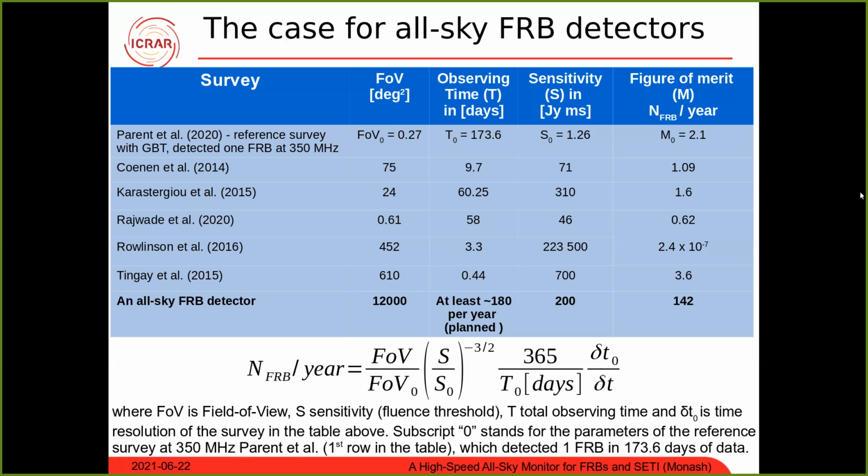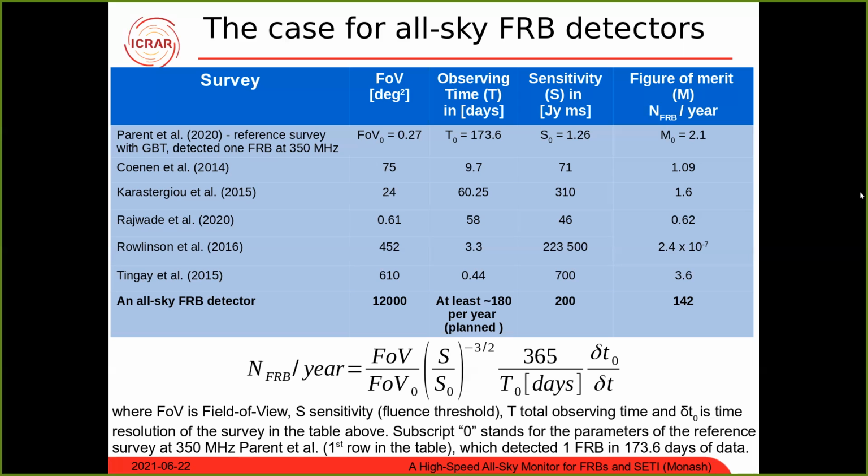Now for the other surveys, I calculate this figure of merit and normalize it to the value of the figure of merit of the first survey. And this way I can sort of estimate how many FRBs would these surveys see with respect to this reference one, which actually detected 1 in half a year, or would detect maybe 2 in the whole year. So as you can see, this is the fifth column in this table.